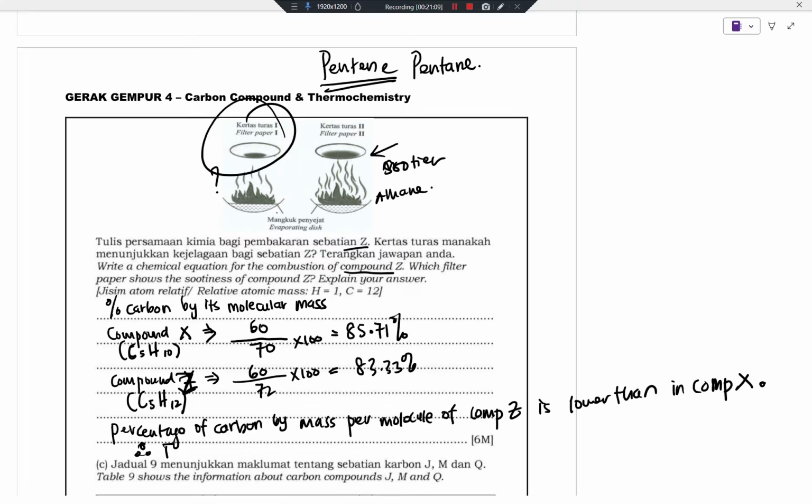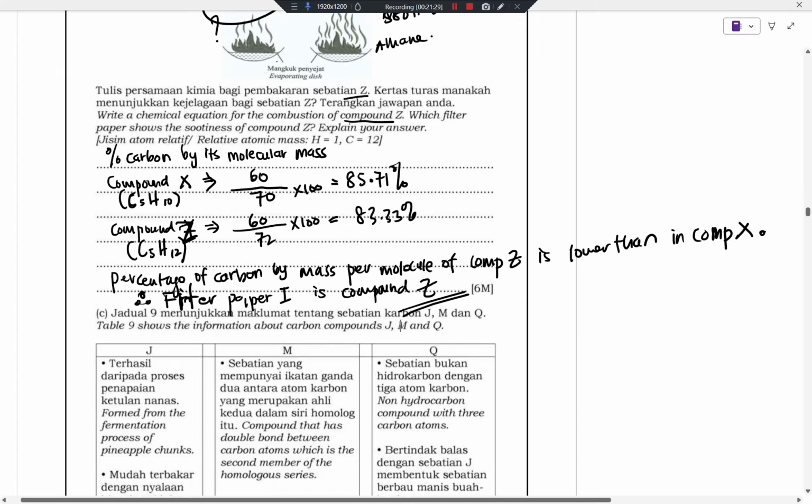Therefore, the answer to the question: filter paper 1 is compound Z. Okay, right.